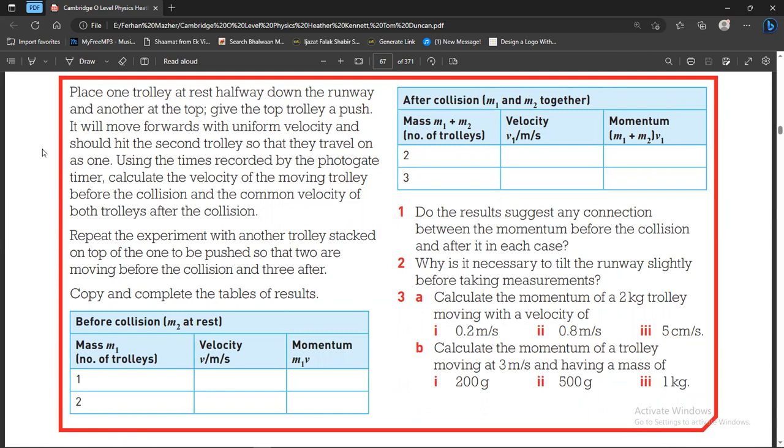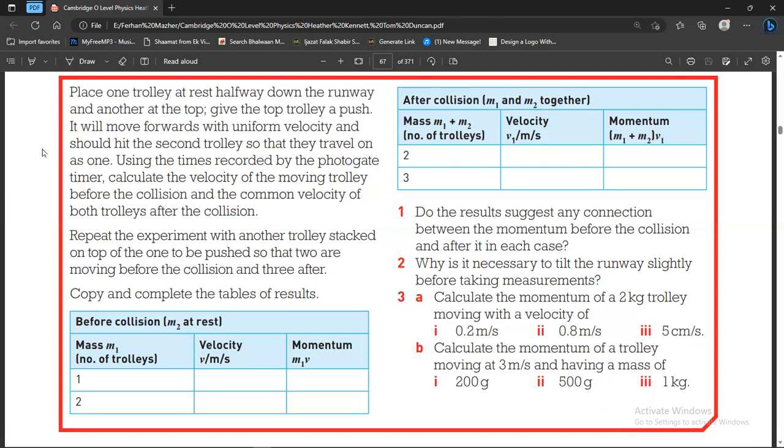Using the times recorded by the photo gate timer, calculate the velocity of the moving trolley before the collision and the common velocity of both trolleys after the collision. Repeat the experiment with another trolley stacked on top of the one to be pushed so that two are moving before the collision and three after. Copy and complete the table of results.